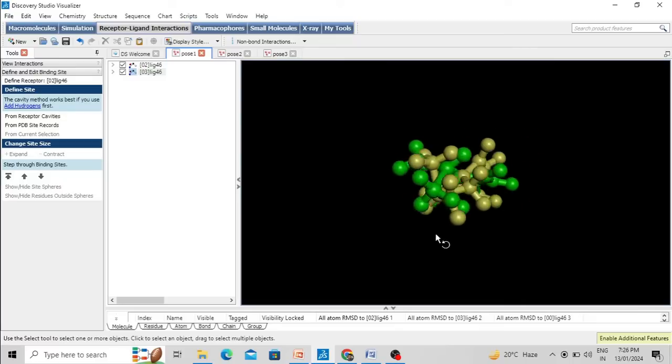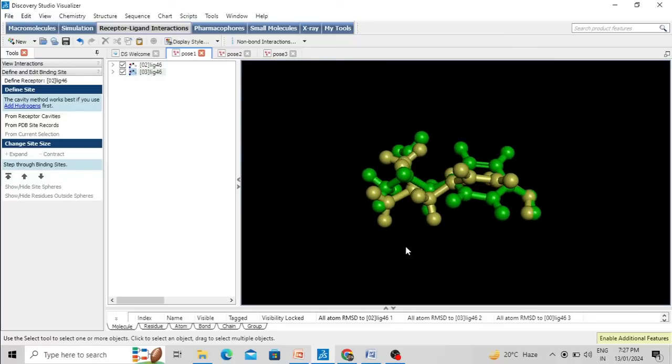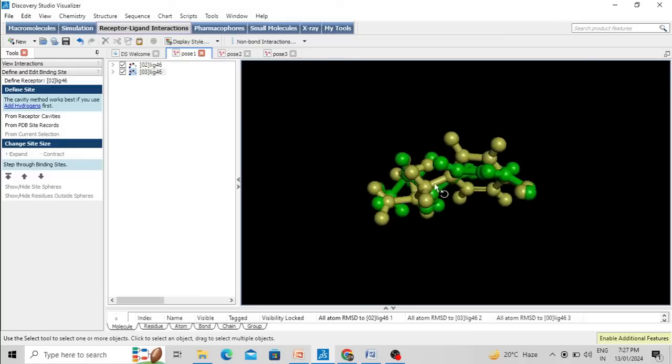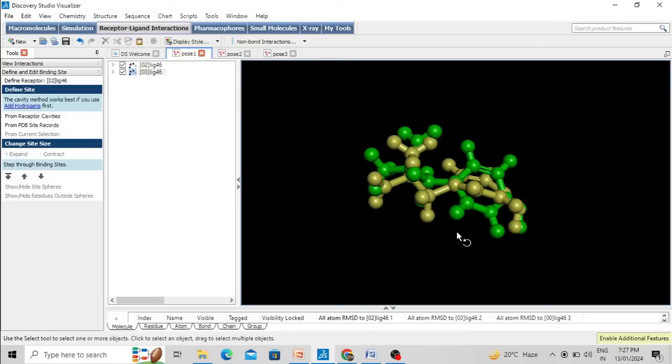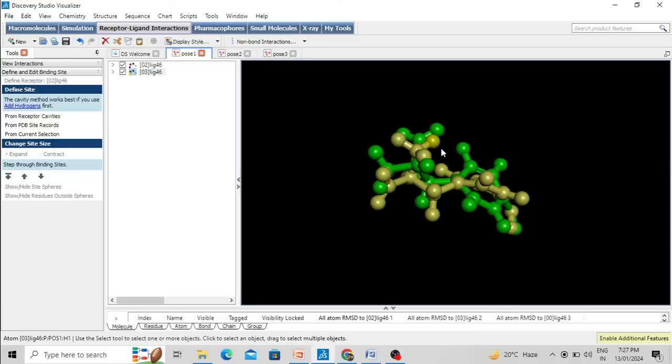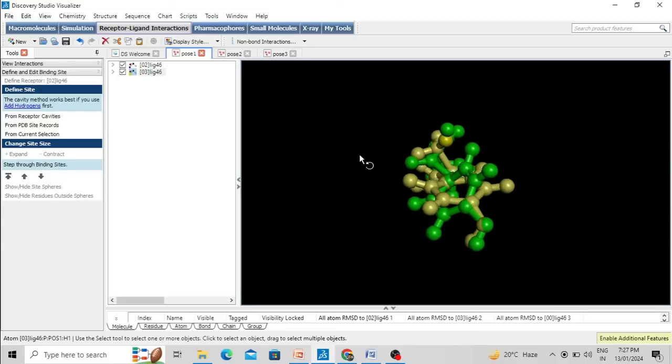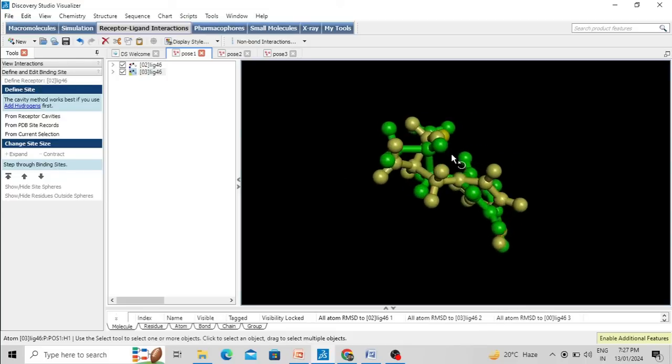Okay, but during molecular dynamics simulation, this molecule will move continually. Okay, so the coordinates of these atoms will also change at every moment. So for each moment, we can calculate the changes in RMSD value. So we can calculate the RMSD deviation for each moment or each step.